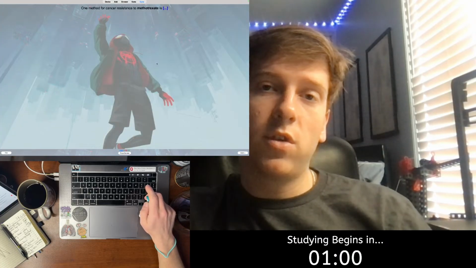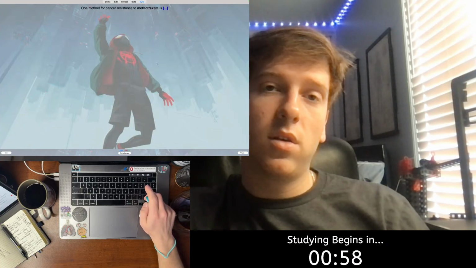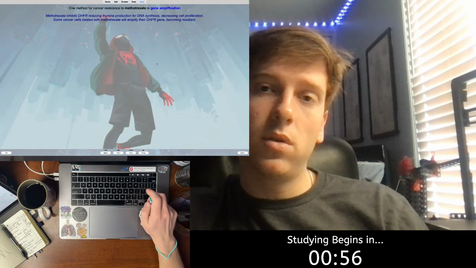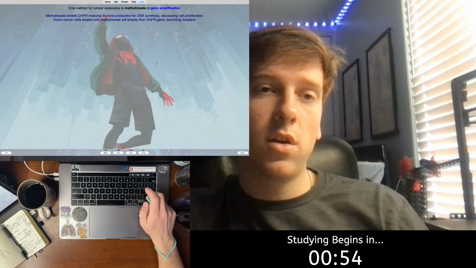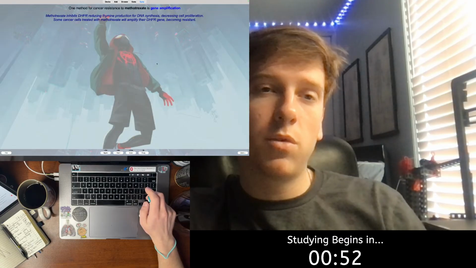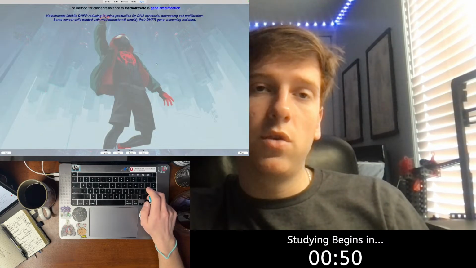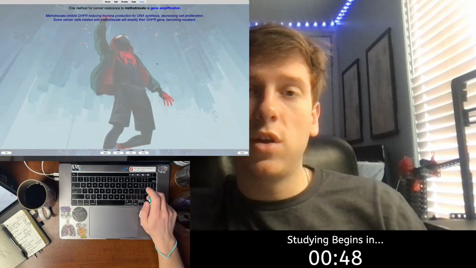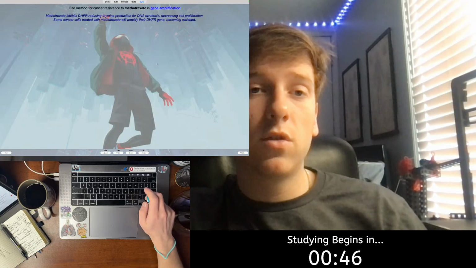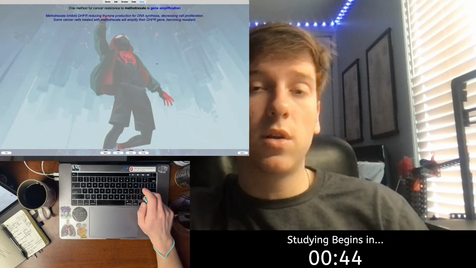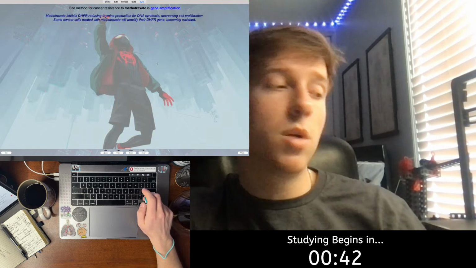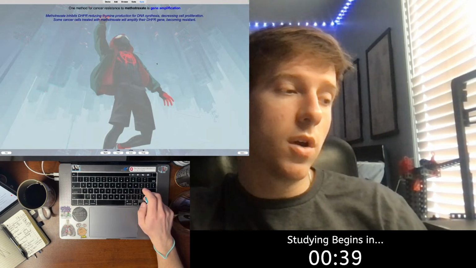One method for cancer resistance to methotrexate is... I don't know this one. Gene amplification. Methotrexate inhibits dihydrofolate reductase, reducing thymine production for DNA synthesis, decreasing cell proliferation. Some cancer cells treated with methotrexate will amplify their DHFR gene, becoming resistant. Okay.